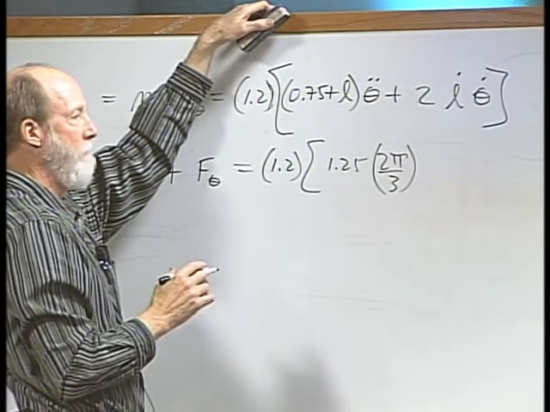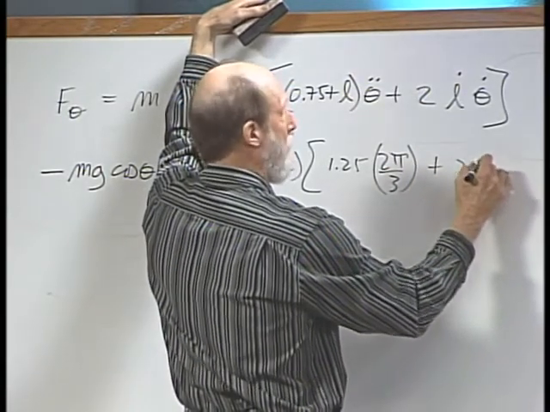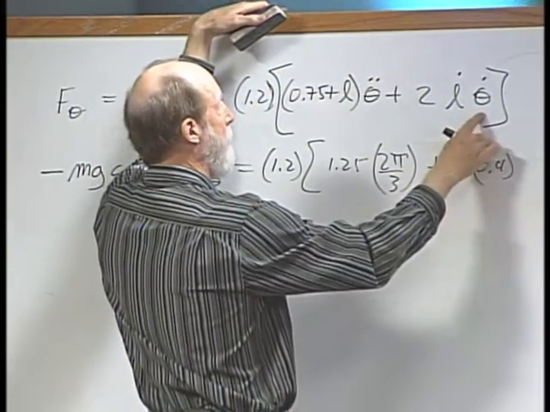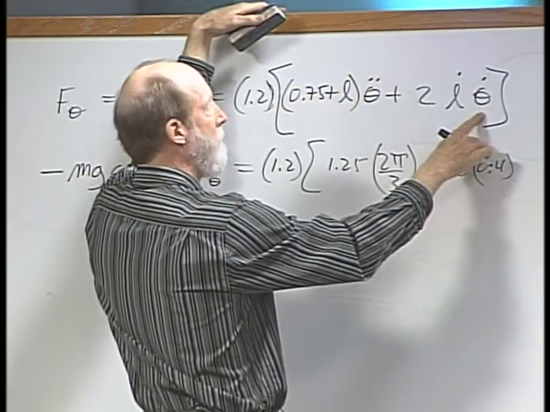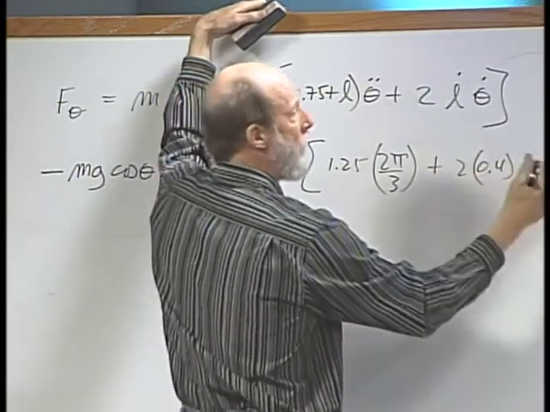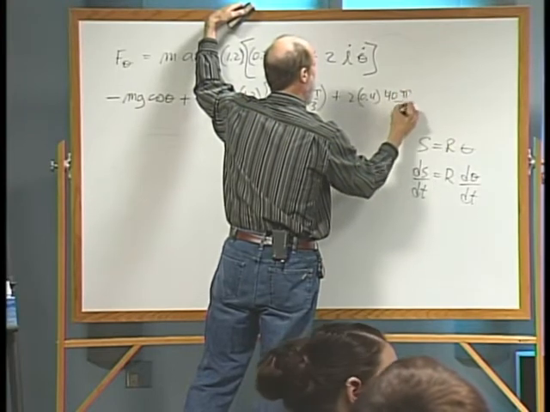I think I did that right. And then plus the 2 L dot, which is 0.4 meters per second extending, times the theta dot, which is 40 times pi over 180.